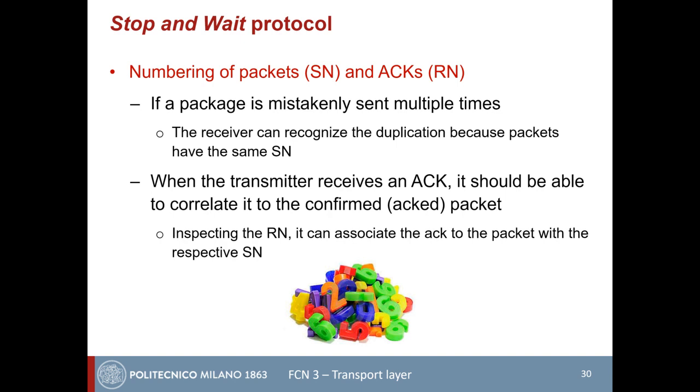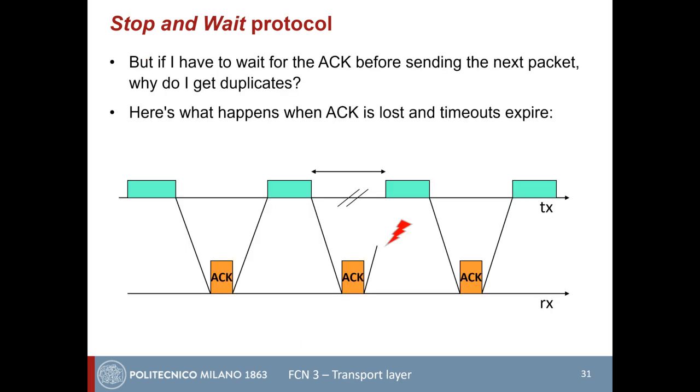At first sight, numbering is not necessary in stop and wait, because the mechanism is based on transmitting the packet and then stopping. It looks like the only packet under uncertainty is one. So one may ask why we should use the numbering system also in the case of stop and wait.